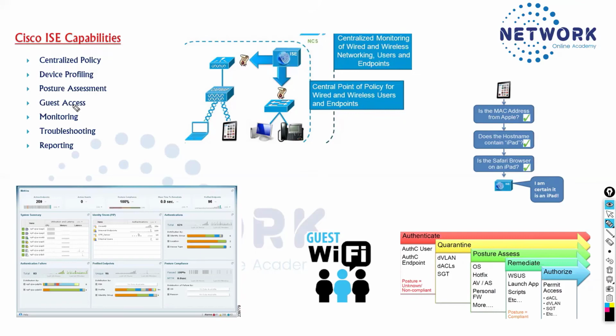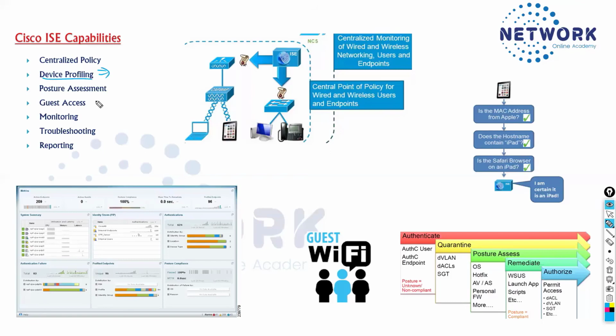So it's going to provide you a single window or a single graphical interface from where you can configure each and everything. So it's going to provide you a centralized policy for AAA, for network access, as well as for your device administration, for both.